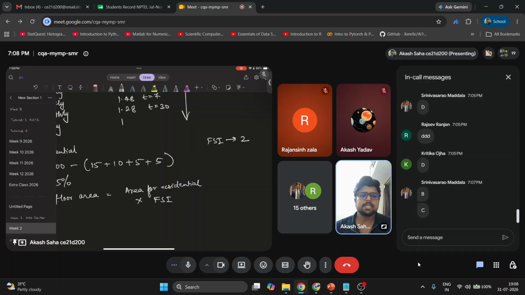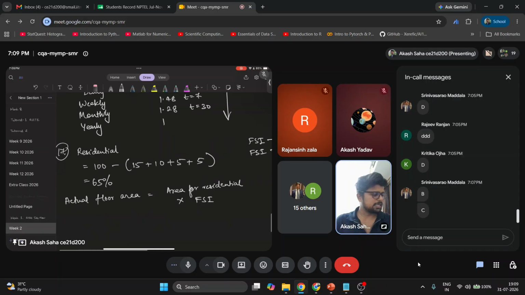That 2 meter square can be one above the other, whatever way you want to. So here my FSI is 0.5, which means for 1 meter square, I can develop floor for only 0.5 meter square. That is set by different cities based on their development plans.